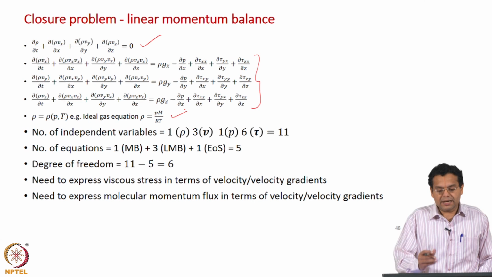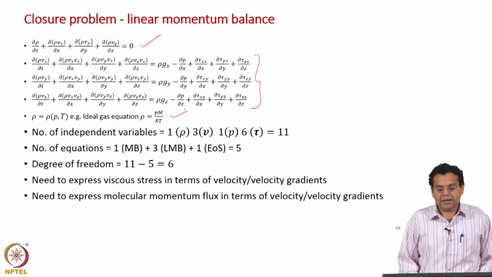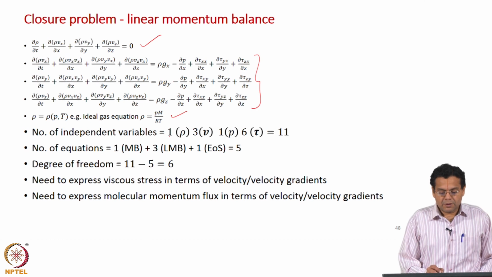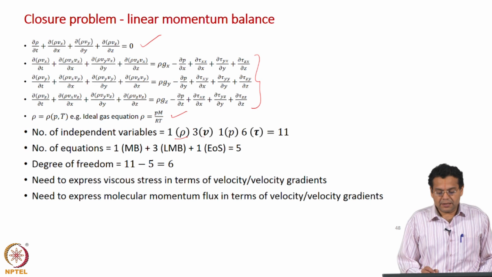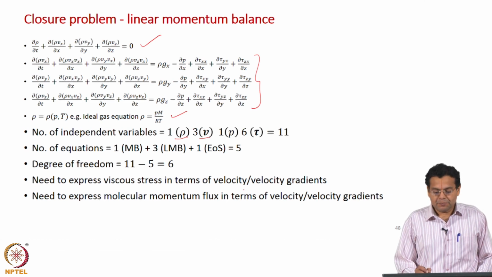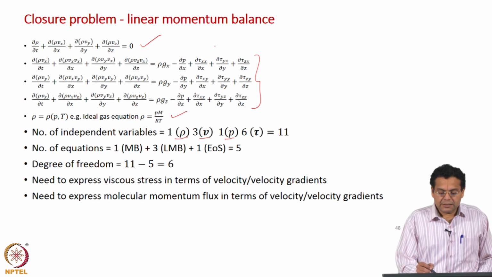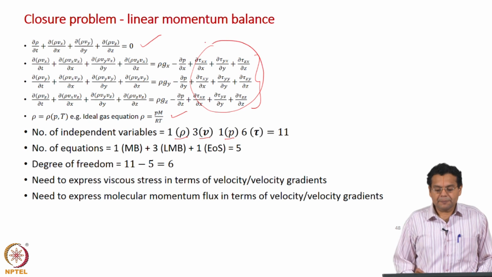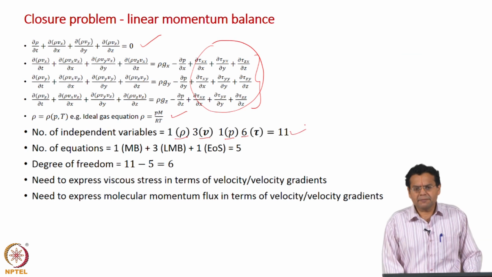Then we did a degree of freedom analysis, listed the number of independent variables. Rho is one variable, 3 velocity components is 3 variables, pressure is one variable, and then we have 6 independent components of the viscous stress tensor. So, they add another 6 variables and gave us 11 independent variables.